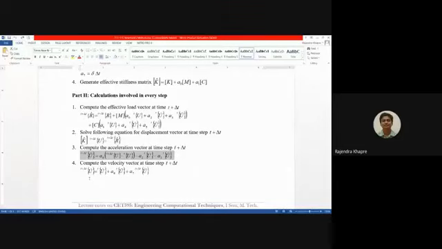But here the acceleration is required to calculate the velocity. So first you calculate the acceleration, and then you get the velocity. These are the standard equations which you have to follow, and then you can get the response of the structure using this Newmark method.